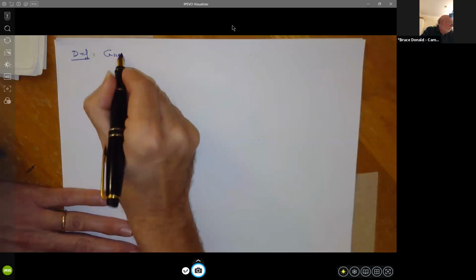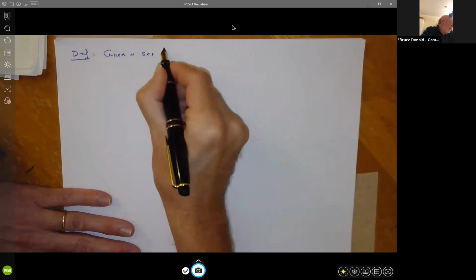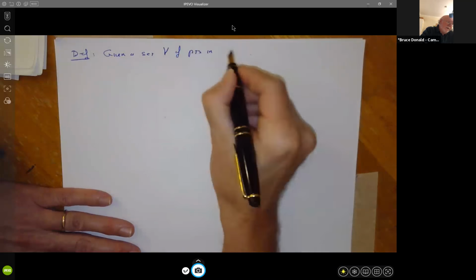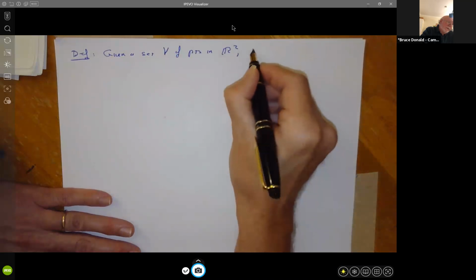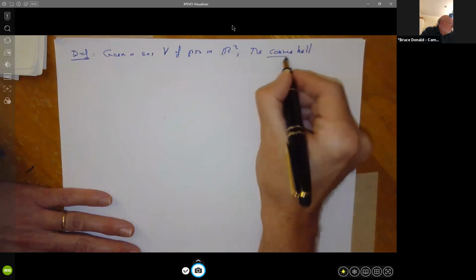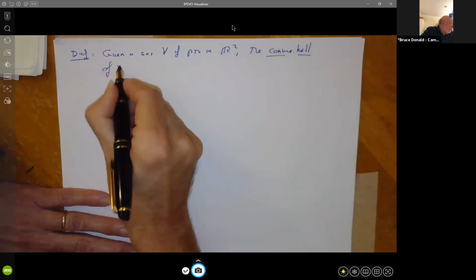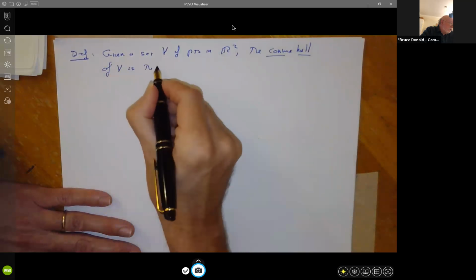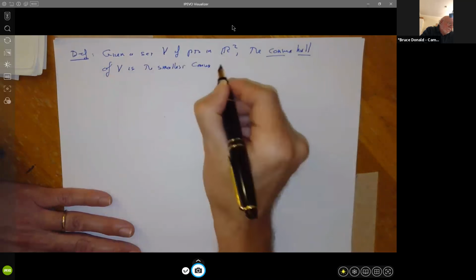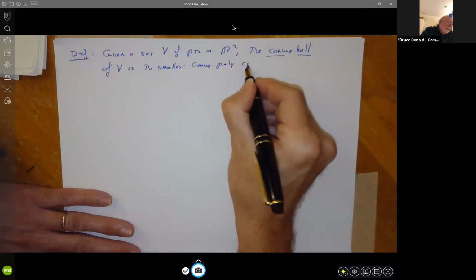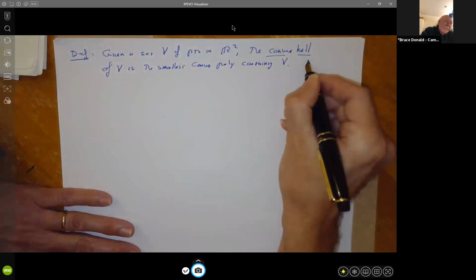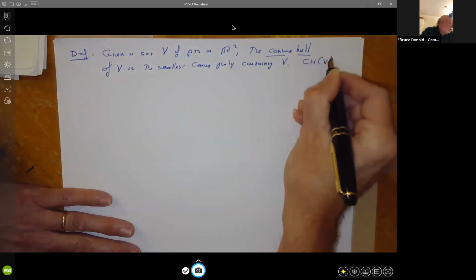So given a set, say V, of points in the plane, the convex hull of V is the smallest convex polygon containing V. And it's written convex hull of V, at least in this class.